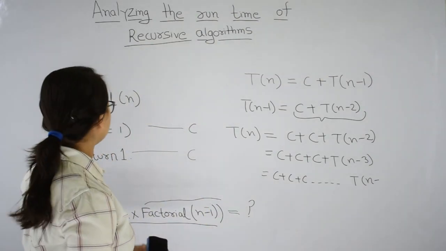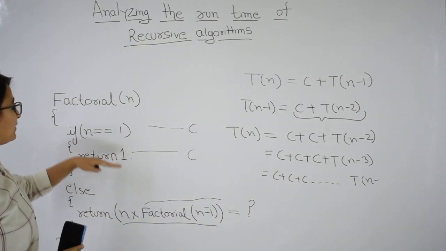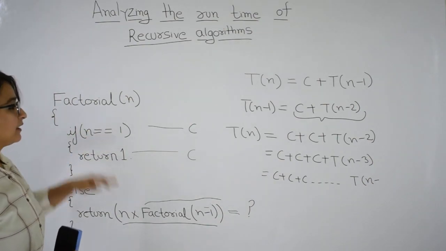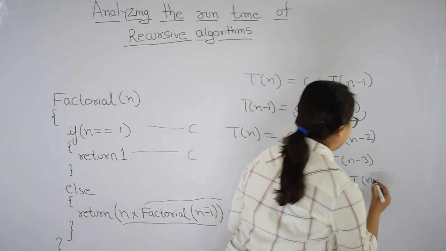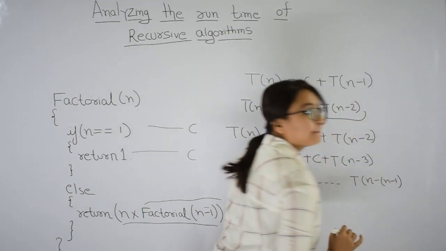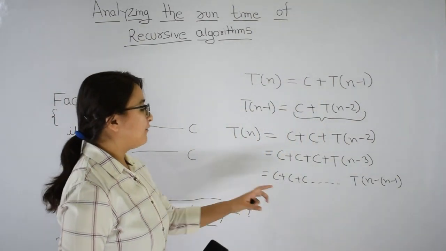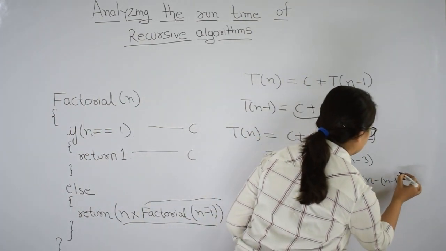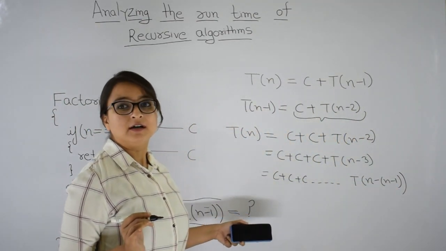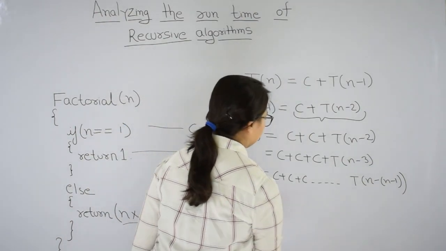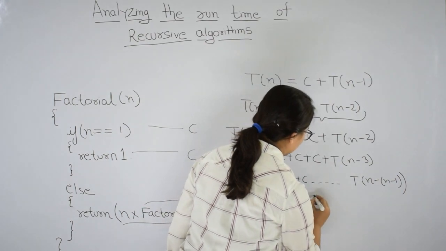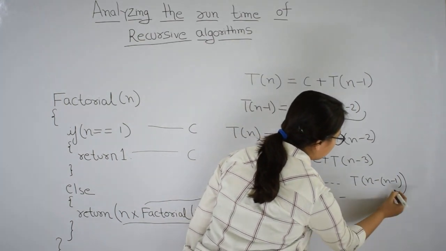something, because at n is equal to 1 we are returning 1. So it will end at T of 1. Okay, we can write it like this. So how many c's are you going to have here? c plus c plus c plus another c over here.